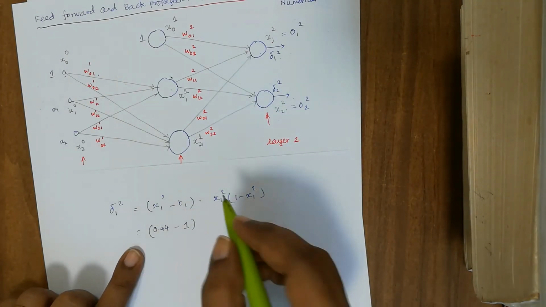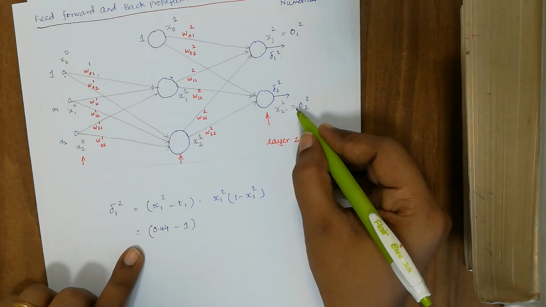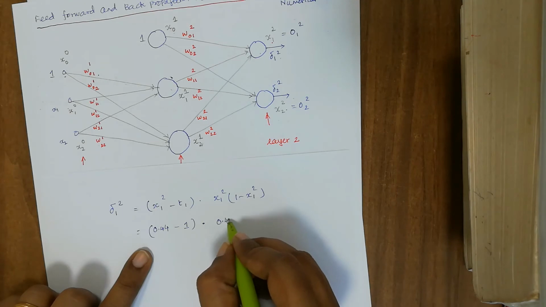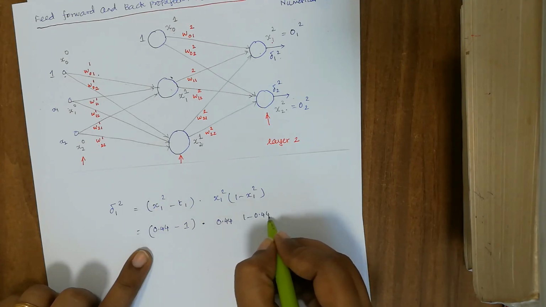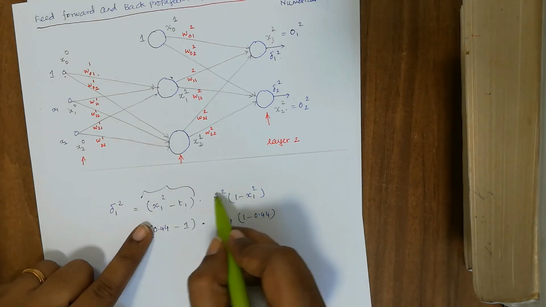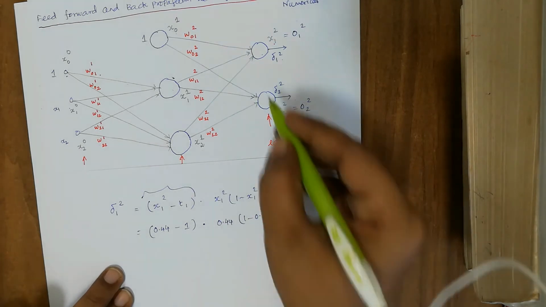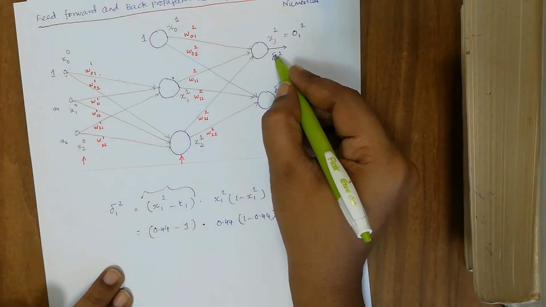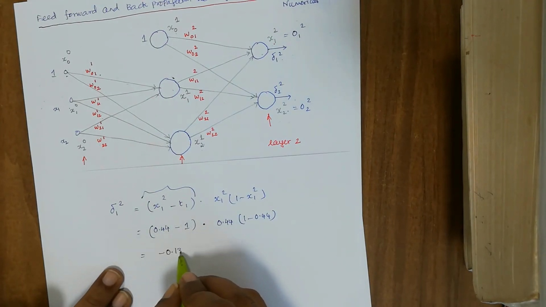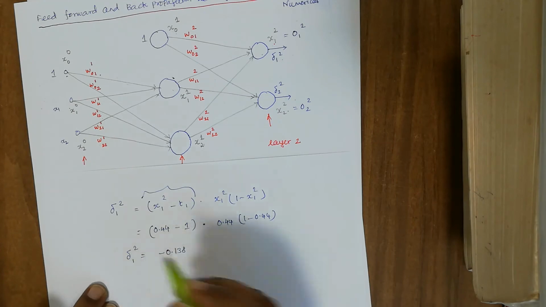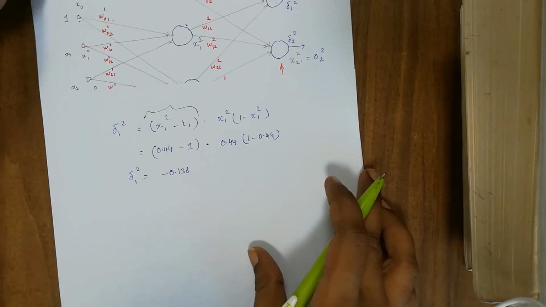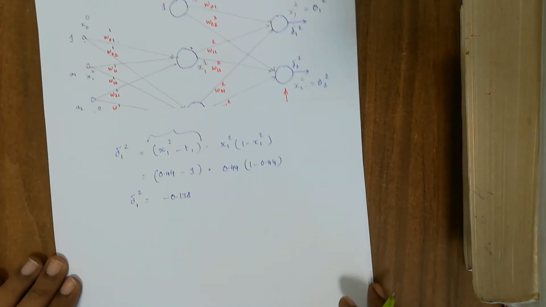The target value of the second neuron should be 0. So x_1^2 is 0.44, and 1 minus 0.44. The difference between the actual and the target value multiplied by its local derivative is the error, denoted as delta_1^2. This value comes to 0.138, so we have calculated delta_1^2 at the output layer. The superscript 2 represents the output layer in this example.